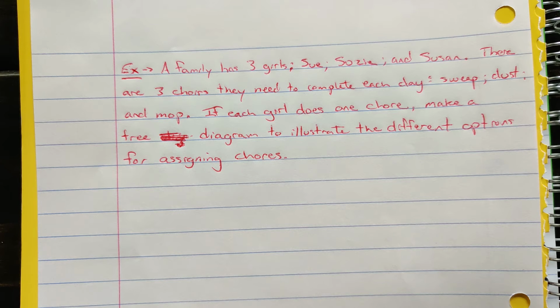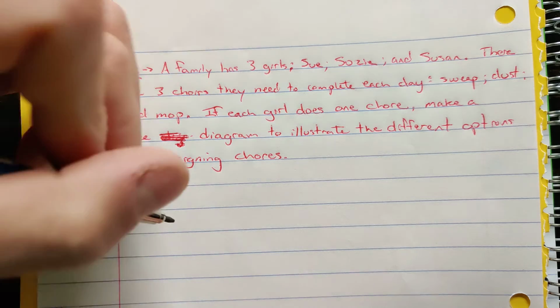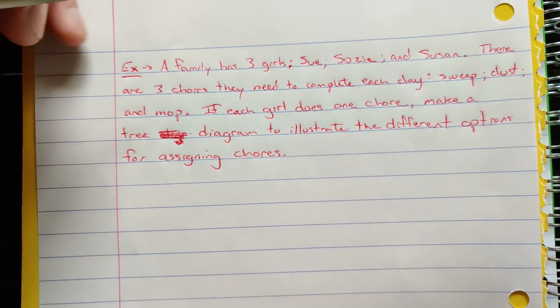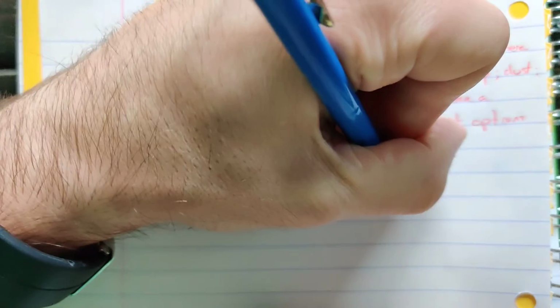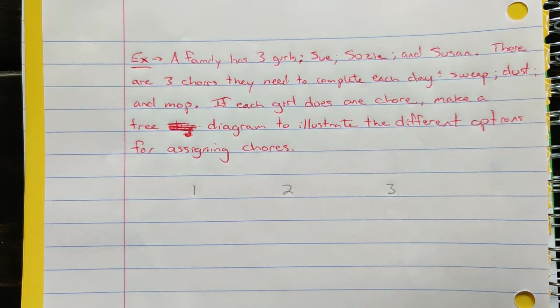If each girl does 1 chore, we want to make a tree diagram to illustrate the different options for doing the assigned chores. So we can take our tree diagram as what the first girl, the second girl, and then the third girl's options would be.